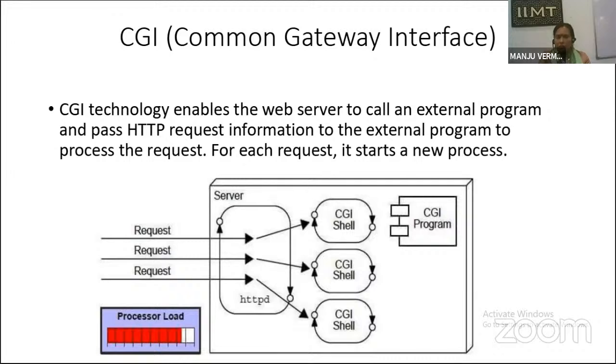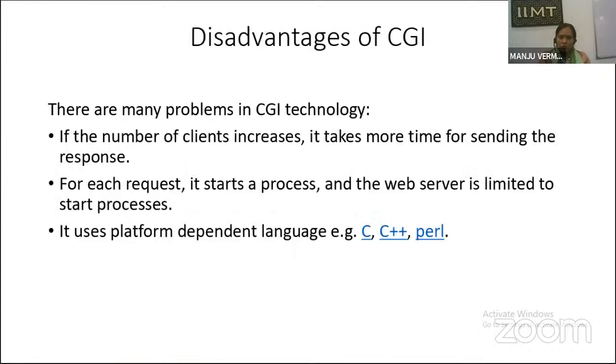That is a time consuming as well as memory consuming process, because each process consumes lots of memory as well as lots of time. So this CGI has that problem: it starts a new process with each request. Here are some disadvantages of the CGI.